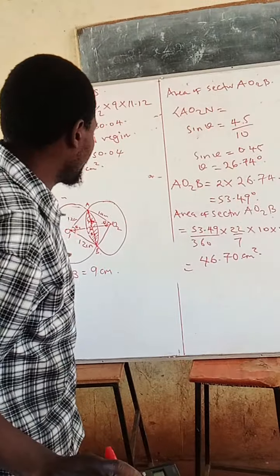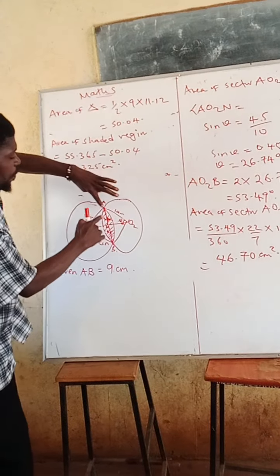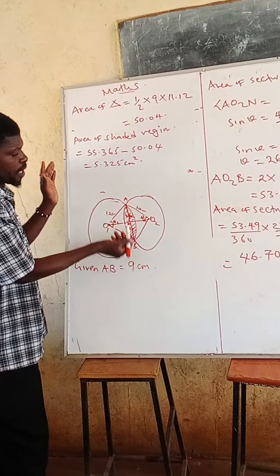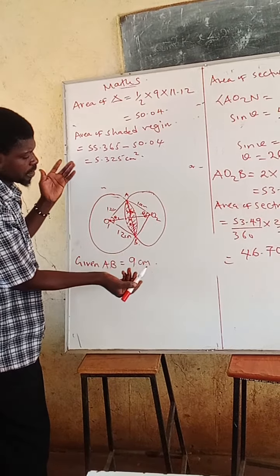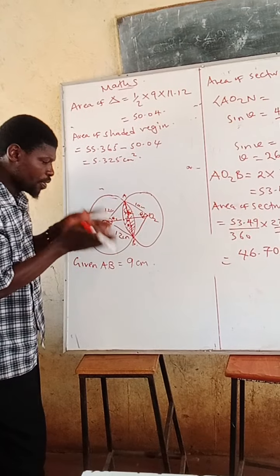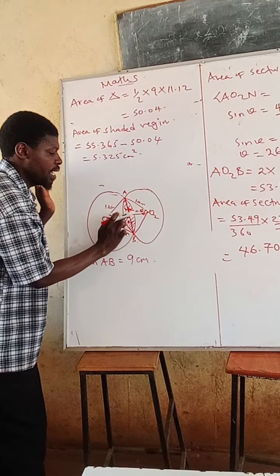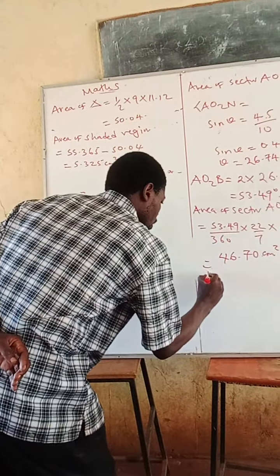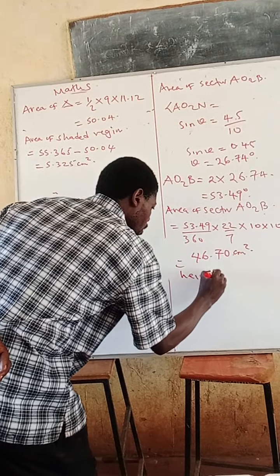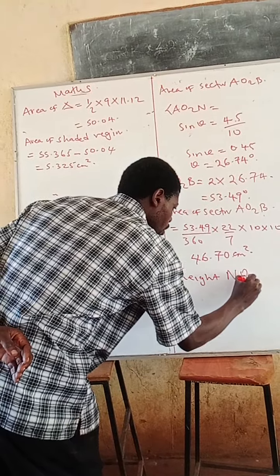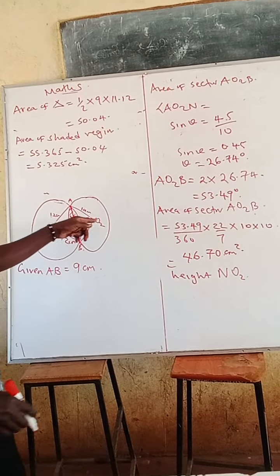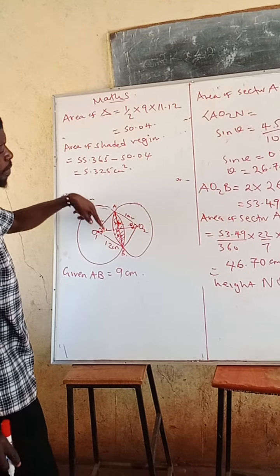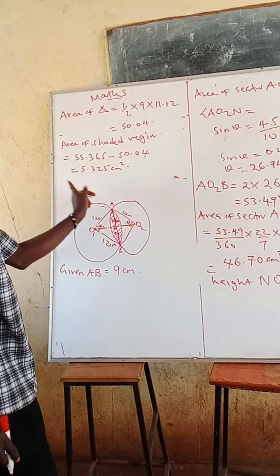Now, we must find the area of the triangle AO2B. First, we must use the Pythagoras theorem to get the height NO2. This height is got from 4.5 squared plus NO2 squared gives you 10 squared.